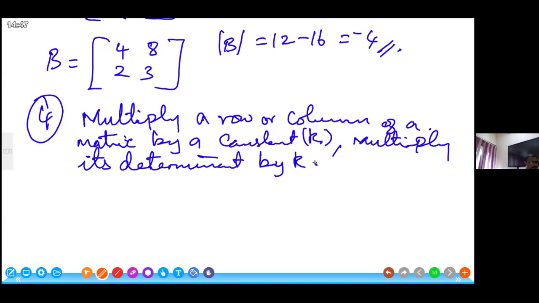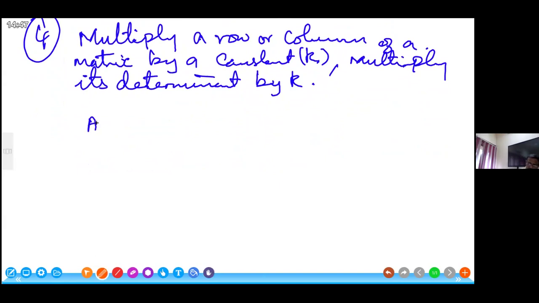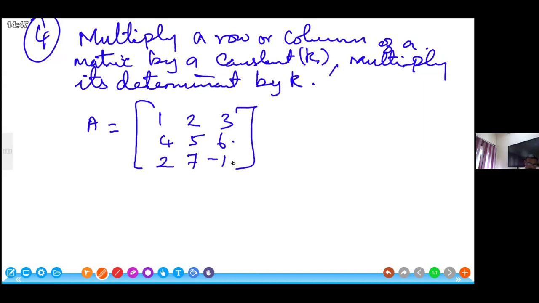I'll take a very simple one. Find out the determinant of this. Find out the determinant of that, everyone.